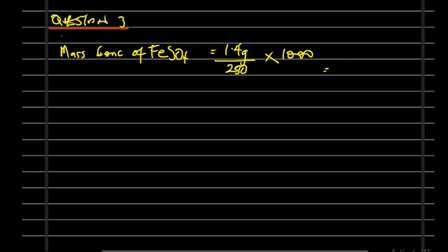So our mass concentration of this, we have it to be 1.4 grams divided by 250 multiplied by 1000, and that is going to give us 5.6 grams per dm cube.